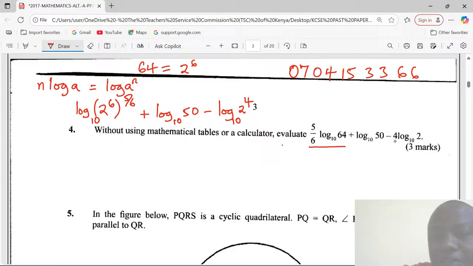Because this is a 4 which multiplies here, it becomes a power. Are we together in that application of the first law that we've stated here?